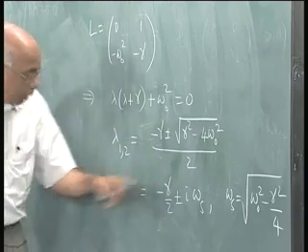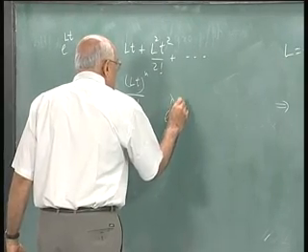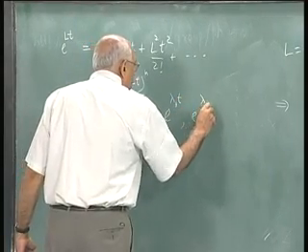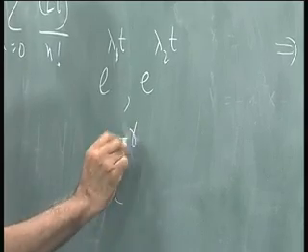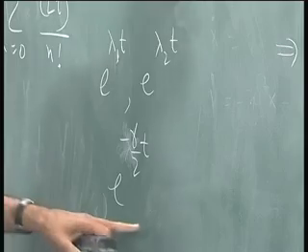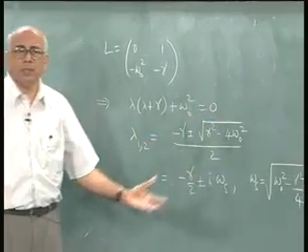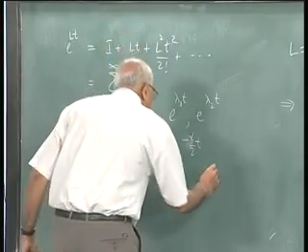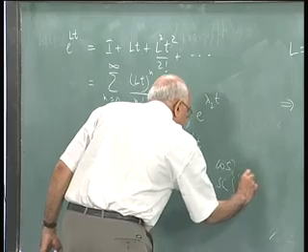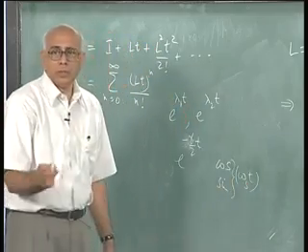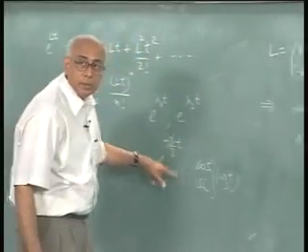So e to the lambda 1 t and e to the lambda 2 t, they both go like e to the minus gamma over 2 t, and then the exponential of e to the plus i omega s t or minus i omega s t, but that does not matter because these things are essentially cosines or sines of omega s t, which are oscillatory functions, but they are damped due to this.